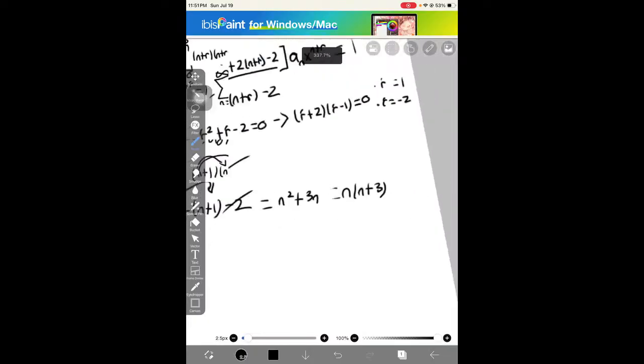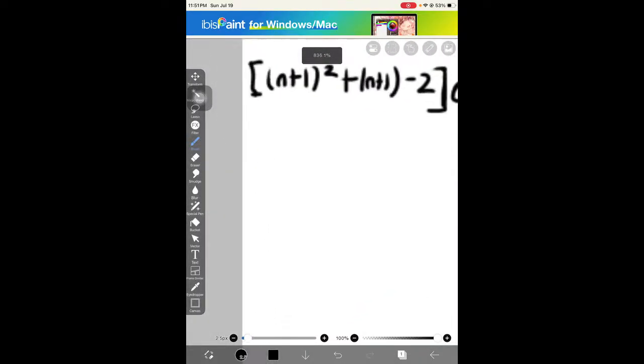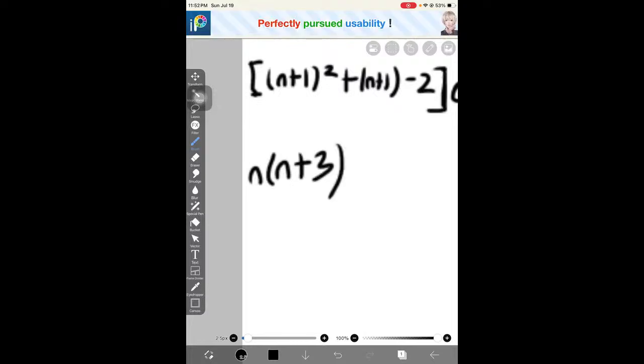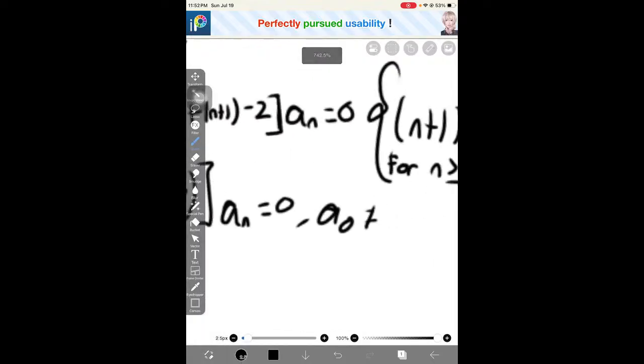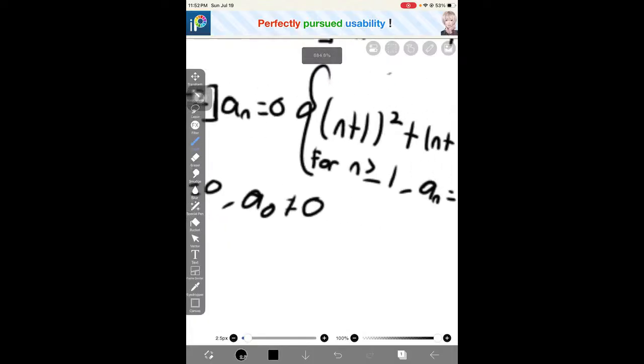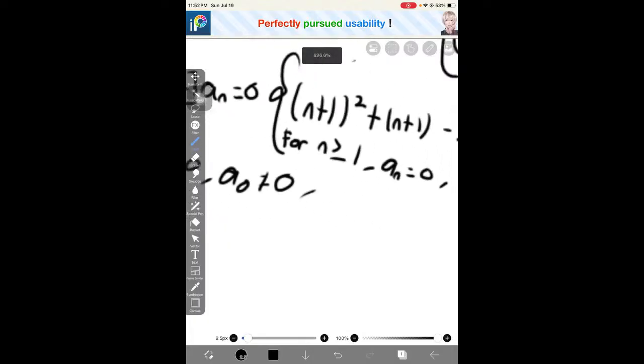Okay, so now we can go ahead and rewrite this. We have n times n plus 3, and a of n is going to equal 0. And since only a sub o is not equal to 0 in this first case, y sub 1 is just going to be equal to x.